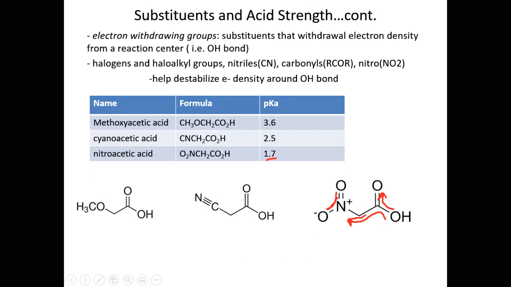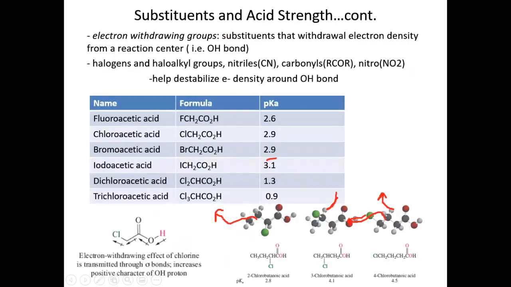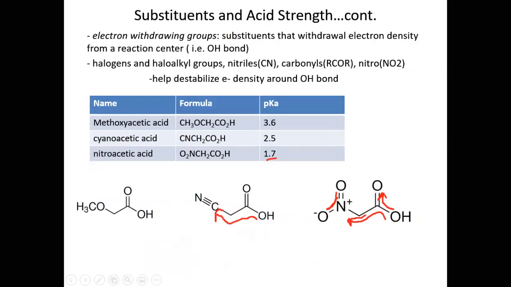The cyano group is not as strong as the nitro group, but it still has good electron withdrawing ability. It's 2.5, and fluoroacetic acid was 2.6, so cyano is comparable to fluoro. Methoxy doesn't have much of an effect.